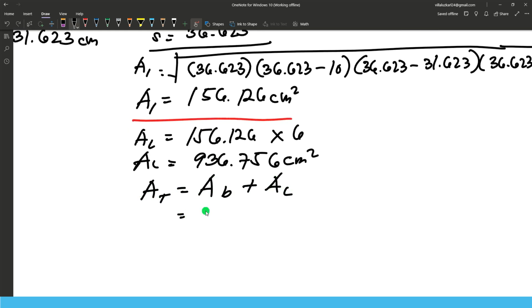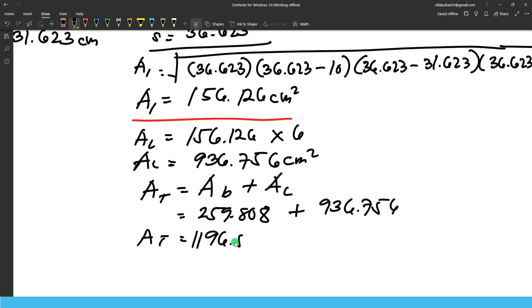The area of the base was determined earlier: 259.808 plus 936.756. The total surface area is 1196.564 square centimeters. That's the answer.